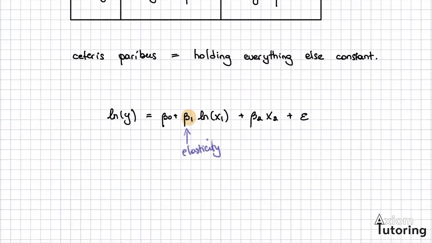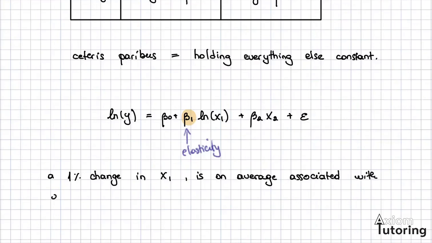So we can say that a 1% change in x1 is on average associated with, whatever the sign of your beta 1 will be in the end, but let's say a beta 1 hat percentage change in y.